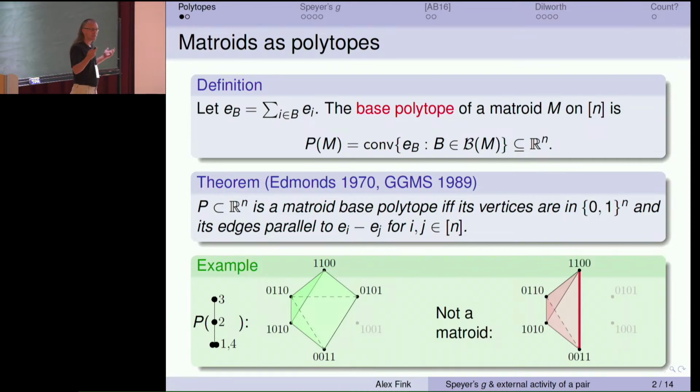And you recognize if you had a matroid, because all of the edges are just exchanges: subtract 1 from one coordinate, add 1 to one coordinate. If you have a bad edge like that, that's not a matroid because the exchange property is violated there. So these are matroid polytopes.